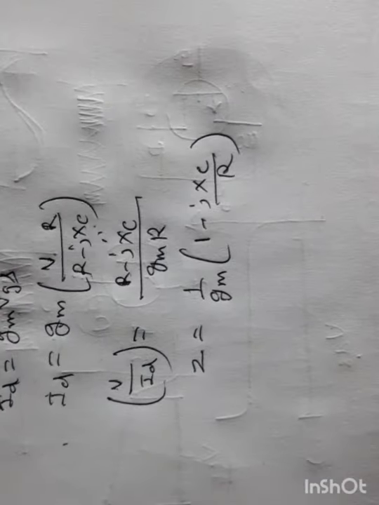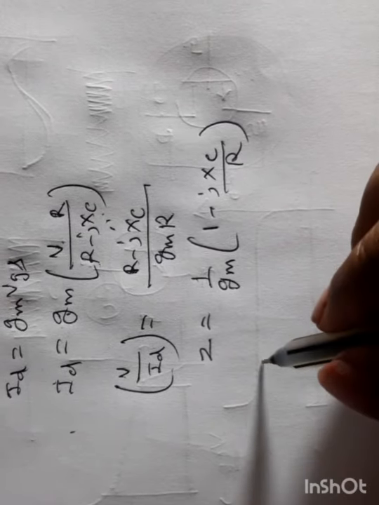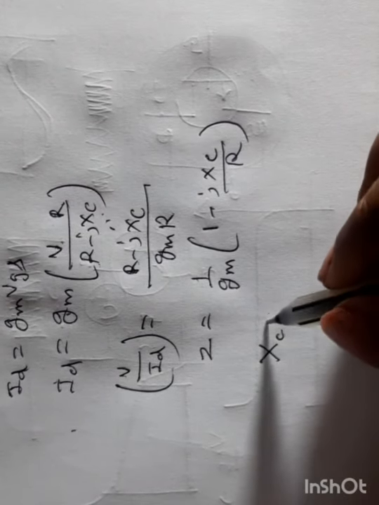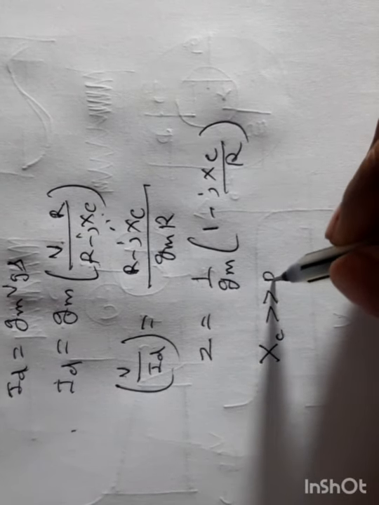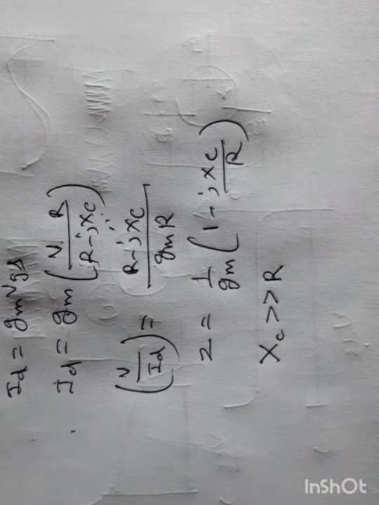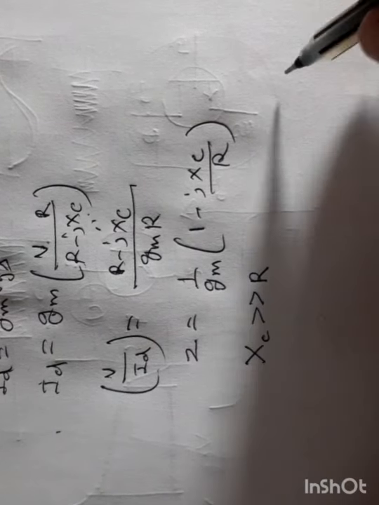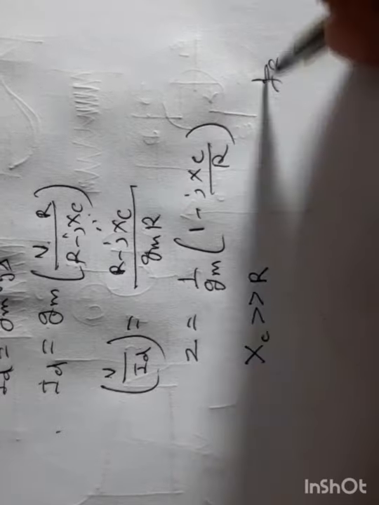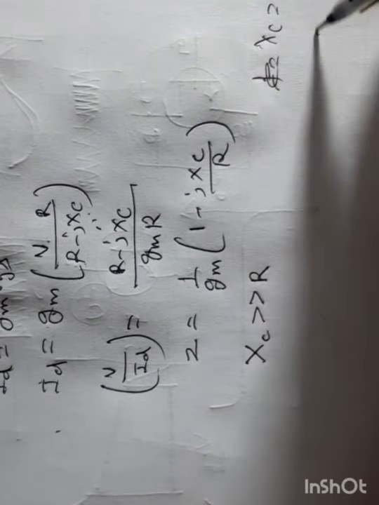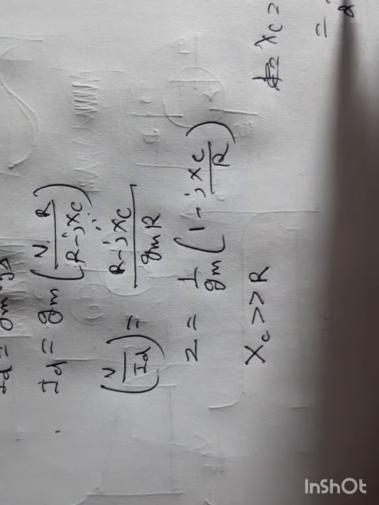Here, usually in this circuit, you will consider the capacitive reactance Xc to be very much greater than R. This is because Xc is equal to 1 over omega C, that is 1 over 2 pi f C, where f is the frequency of the modulating signal, which is very low, but C is in terms of microfarad.